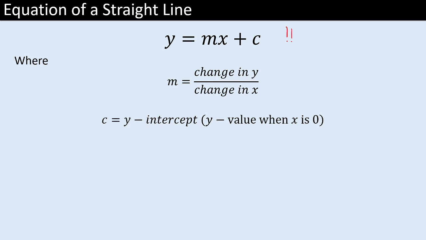Okay. Now, if we are looking at a graph and we can see where the y-intercept is, then we can just say that that number at the end must be equal to a thing.